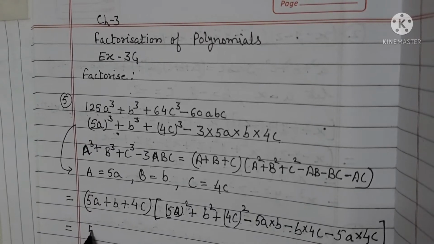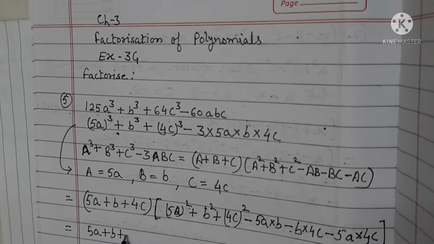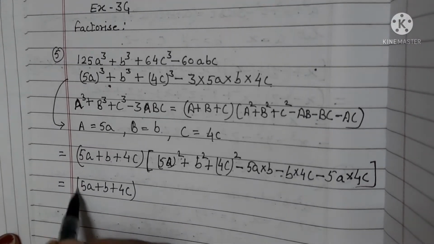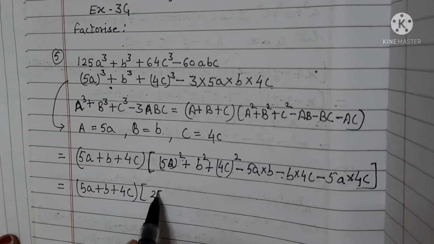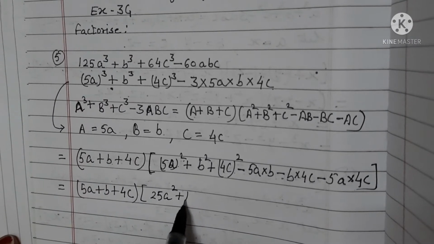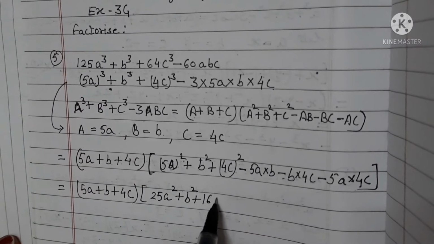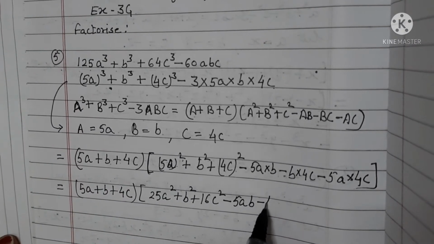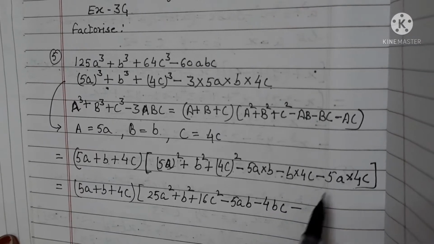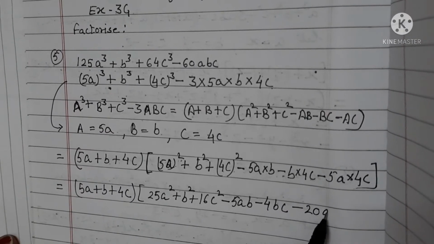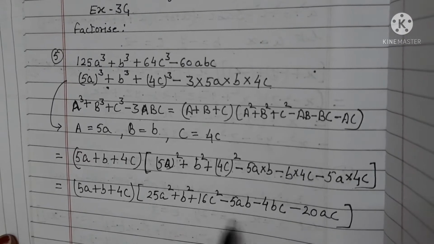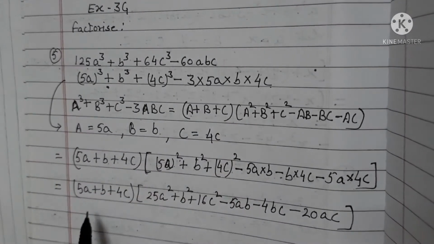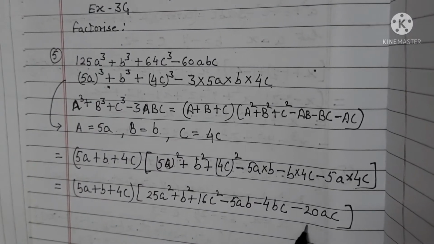So you will get 5a plus b plus 4c, and 5 5s are 25a square plus b square plus 4 4s are 16c square minus 5ab minus 4bc minus 5 4s are 20ac. So the factor of the given expression will be this, this is the answer.